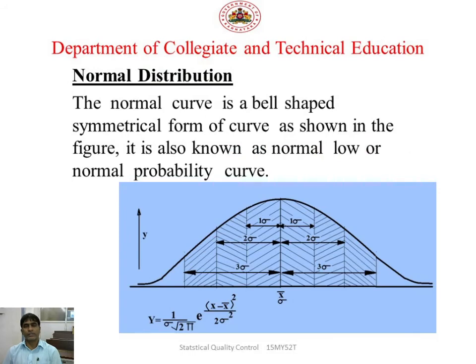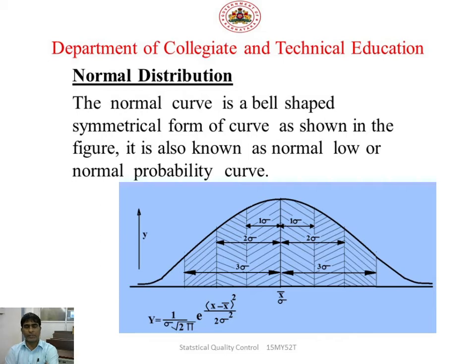First, the normal curve. In a normal distribution, the normal curve is a bell-shaped symmetric form of a curve. As shown in the figure on the screen, it is a bell-shaped curve.